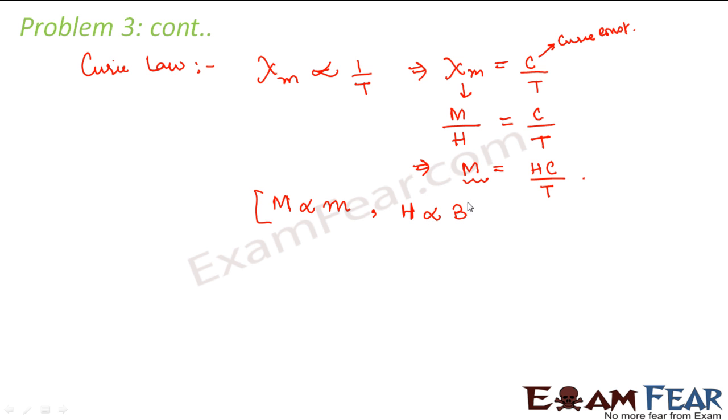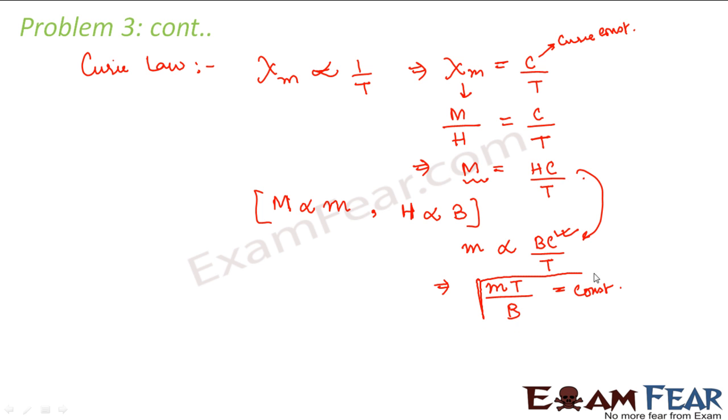So this is very logical. So we can write this expression as M is proportional to BC divided by T. So from this we can say that MT divided by B is constant, because this is a constant value, right?